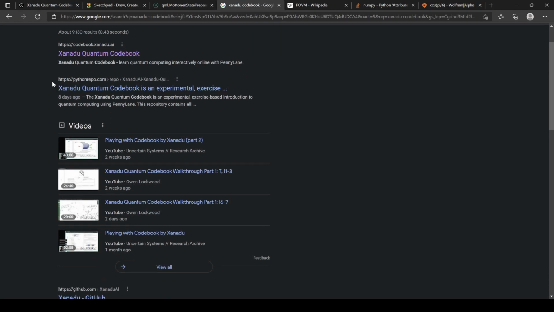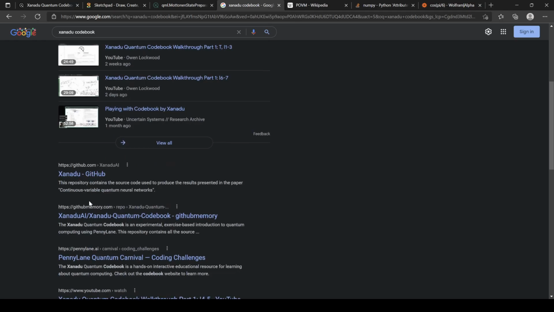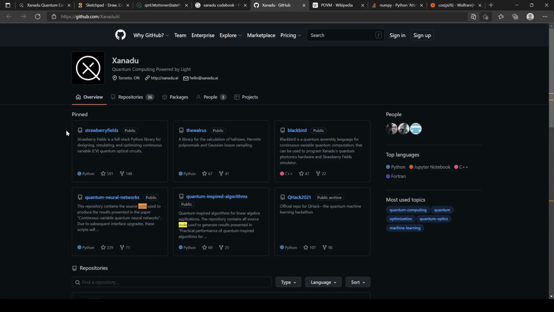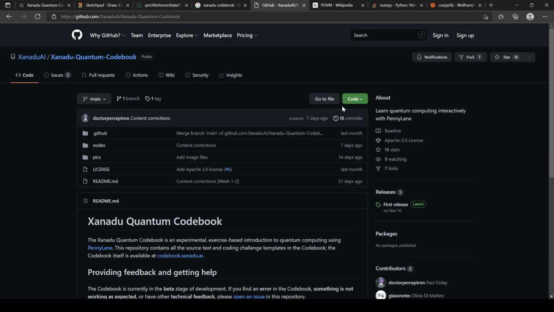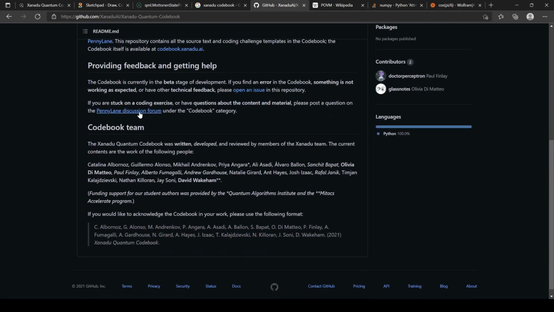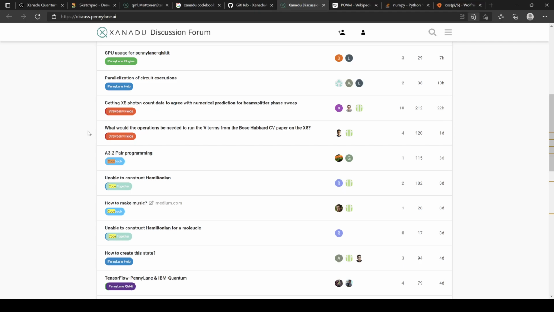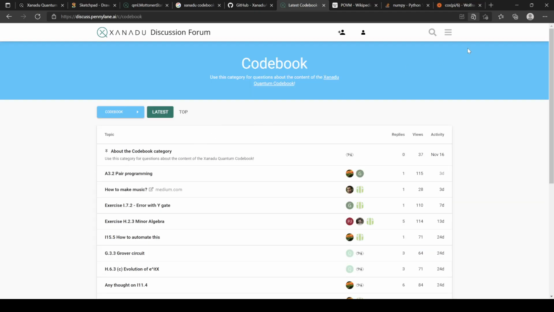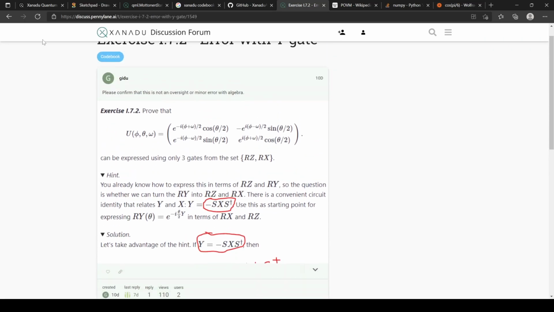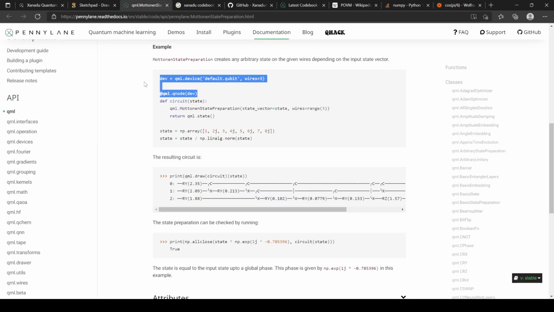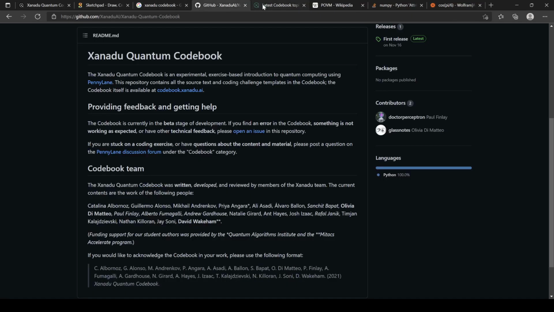Don't know if there are answers online, but if there are, let's see. Let's see if anyone else has had this problem. Let's filter by codebook. Exercise 1. Okay, that doesn't matter. What are we looking at? I9. Let's go over here.